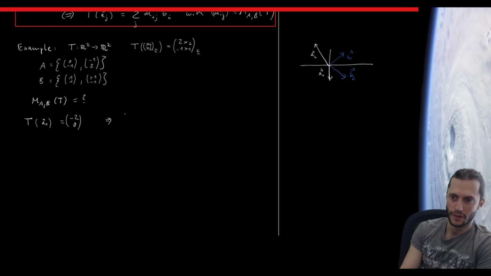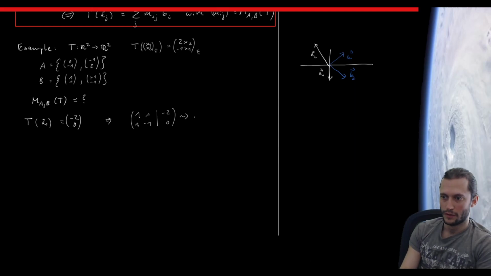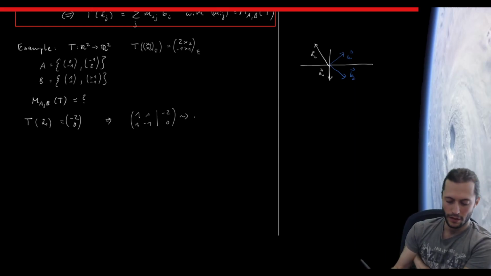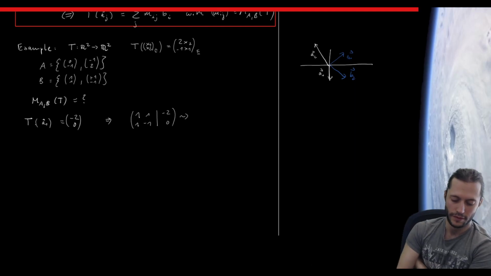How do we do that? Well, we had it before. We take the vectors of B and per Gauss, this is what we want to get out. And this will give us lambda 1, lambda 2, or x1, x2, the coordinates of the image of A1 under T with respect to the basis B, which is in the columns here.